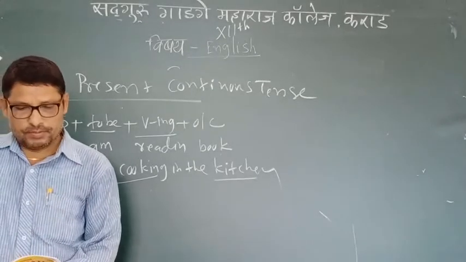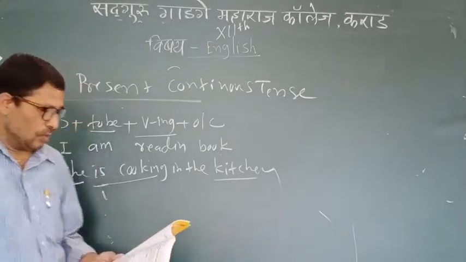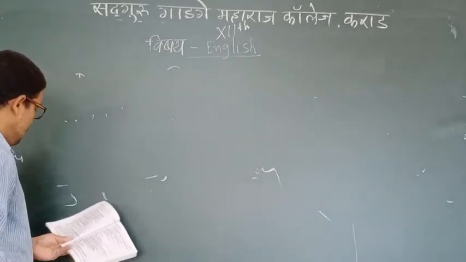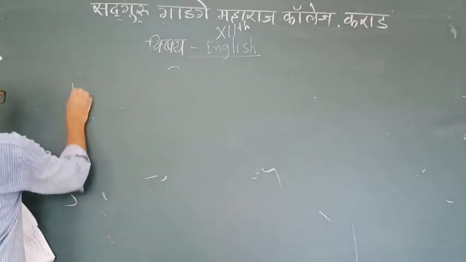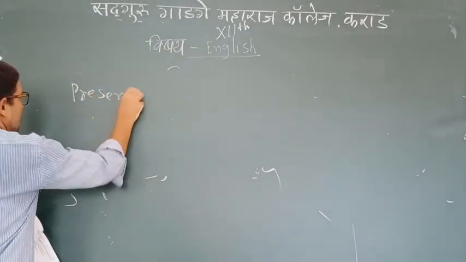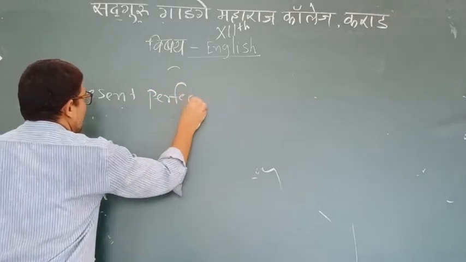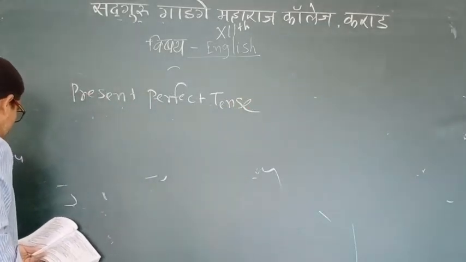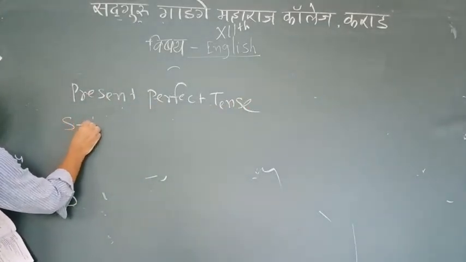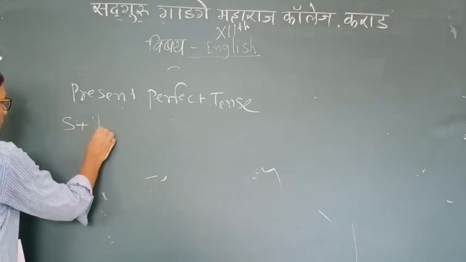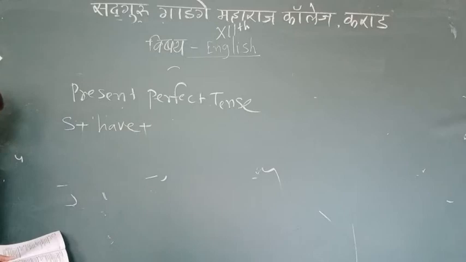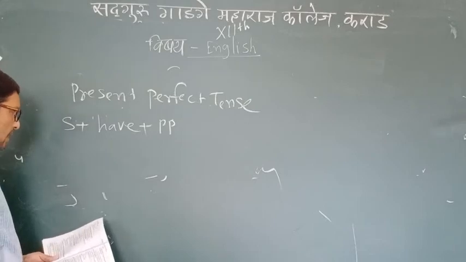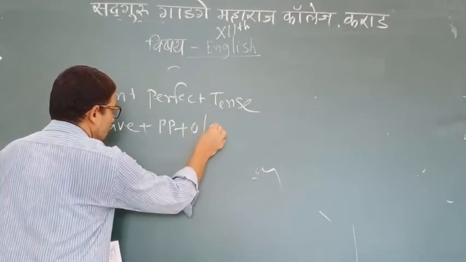Now see the present perfect tense formula. First the subject, then we have to use have, then the past participle, the third form of the verb, and then we have to add object or complement.